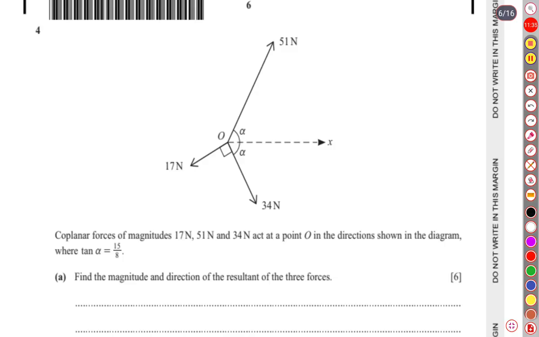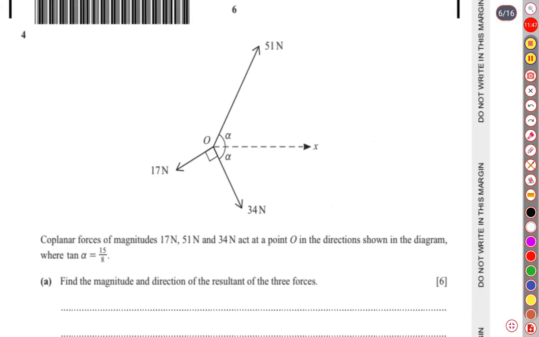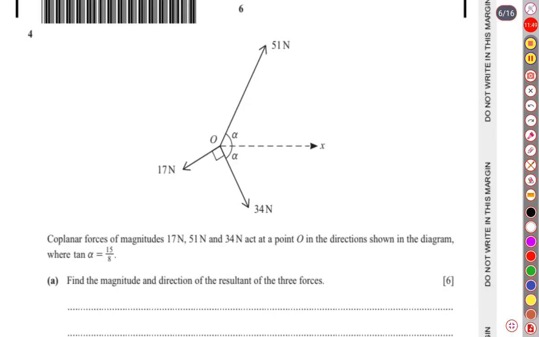So first of all, before moving on to the solution, let us complete the diagram. Okay, if we complete the diagram, it will look like this. This is horizontal axis. Okay, then this is the triangle, one triangle, this is one triangle, and that is another triangle.